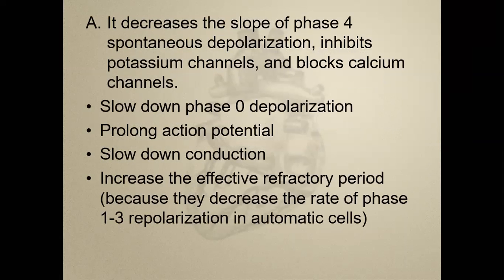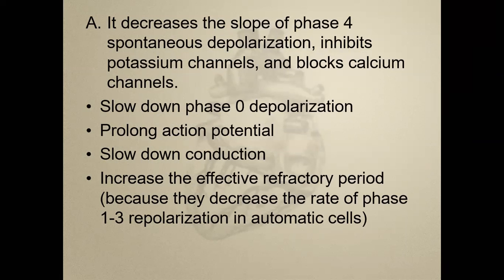Class 1A decreases the slope of phase 4 spontaneous depolarization, inhibits potassium channels, and blocks calcium channels. And as a result, we can see slowed phase 0 depolarization and prolonged action potential.